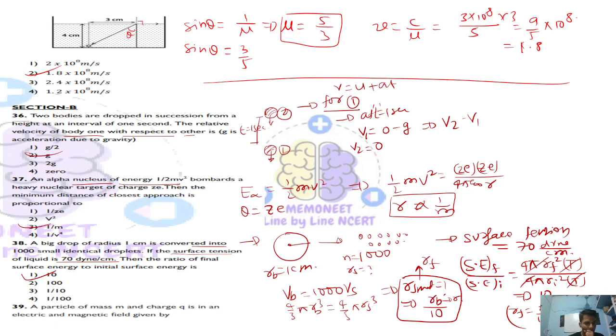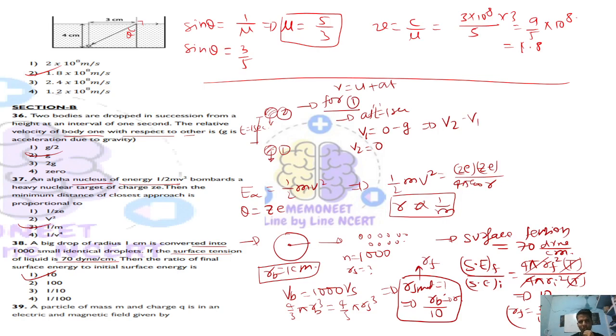After conserving the volume, a big drop of given radius is converted into small identical drops.